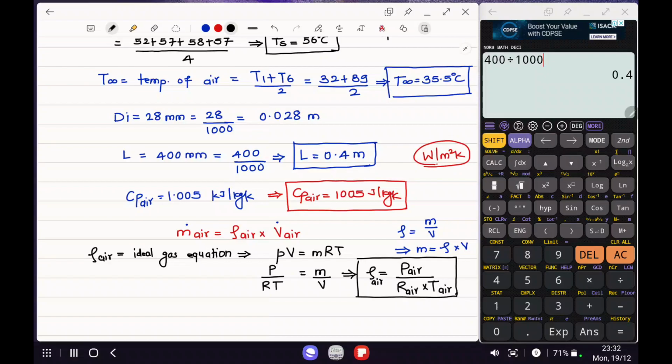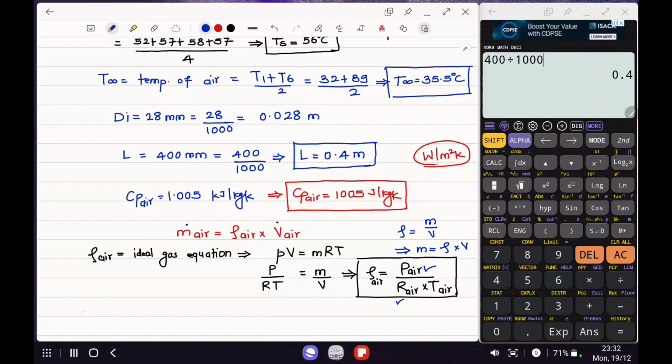Now, during the explanation of the experimental setup itself, I have explained that the experimental setup or blower is not going to change the pressure of air very much. It is only going to create a significant volumetric flow rate of air, and that is why P of air can be taken as 101.325 kilopascal. So this P of air is sorted. R of air is known to us as 0.287.